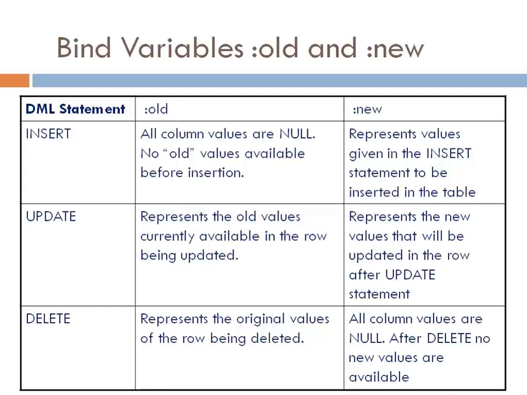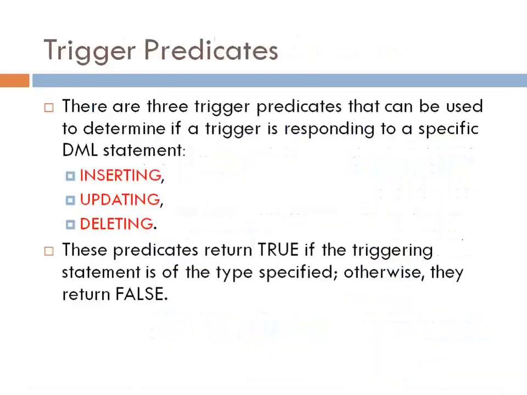So the old bind variable will represent the old values before the update, and the new bind variable will represent the values which will be there after the update statement. And in the delete event, the old bind variable will store the values which are there before the row is deleted, and the new bind variable will contain all null values, because after deletion the row is eliminated, and so no new values will be available.